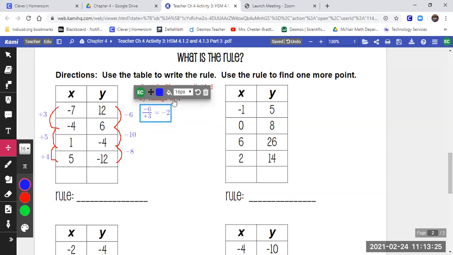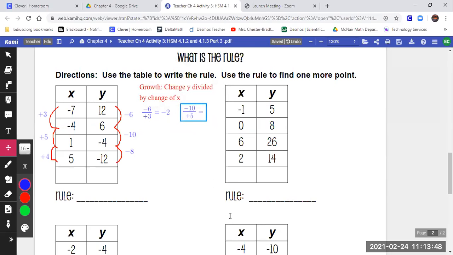Okay, so we're going to go do the next one. Next one was -10 divided by +5. And I'm going to move that negative up on the line with it. The program wants to go ahead and put it out front, because that's the fraction rule, but we're not using the fraction rule. We're comparing the changes.